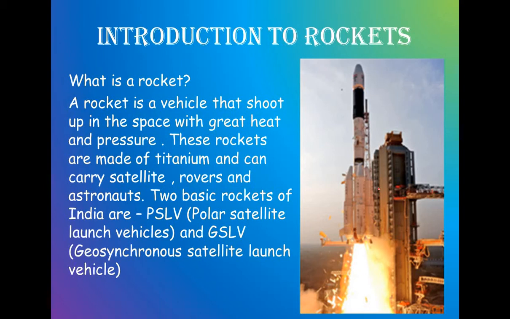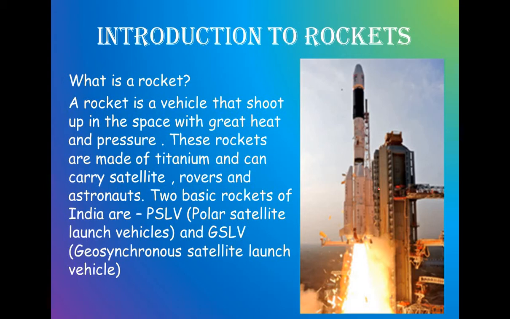Now the more great heat and pressure it converts, the more the rocket can launch up, because it has to go beyond, and it is a very large weight. So in launching, much fuel is used.